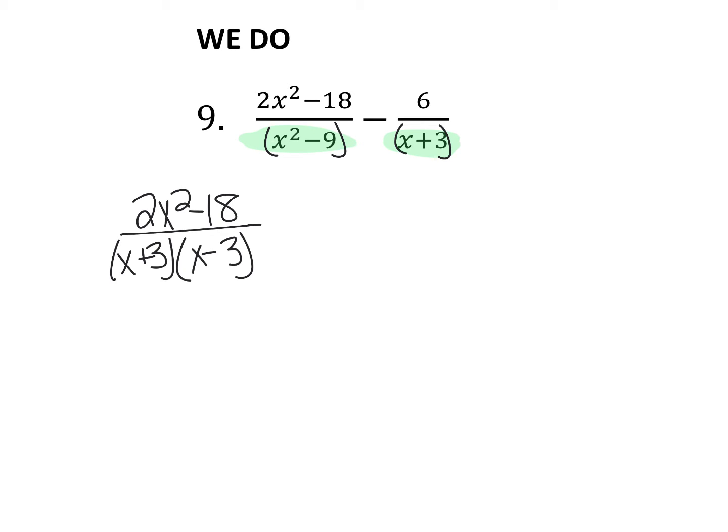Well, this looks pretty handy as I write my second fraction, 6 over x plus 3, because I notice that all I need to multiply the second fraction by is an x minus 3. So I'm going to go ahead and do that. Okay, remember when you do this to distribute in the numerator.